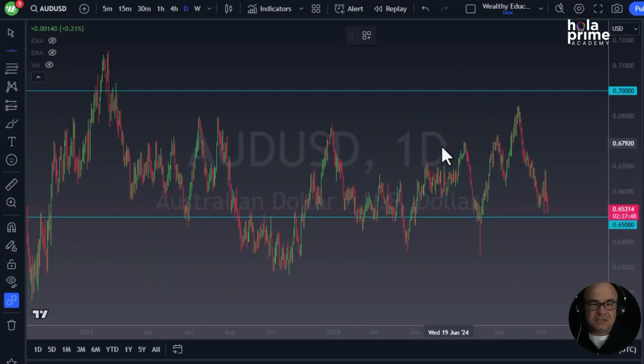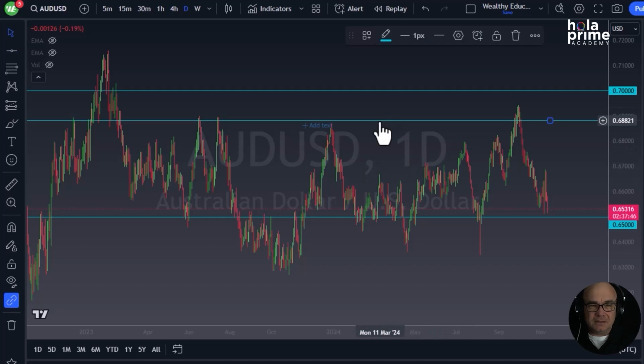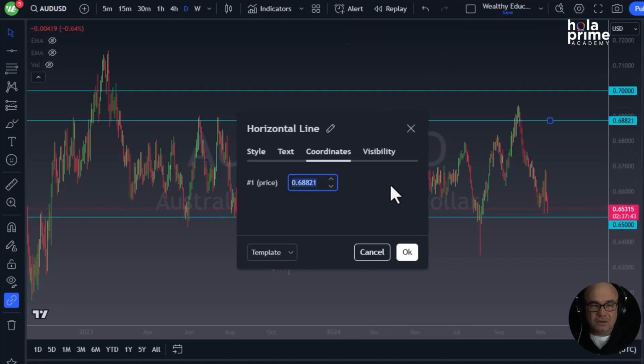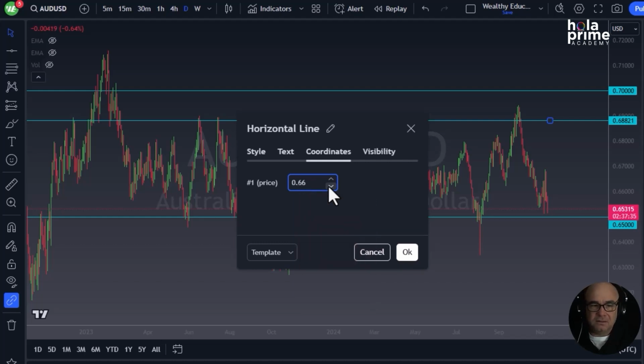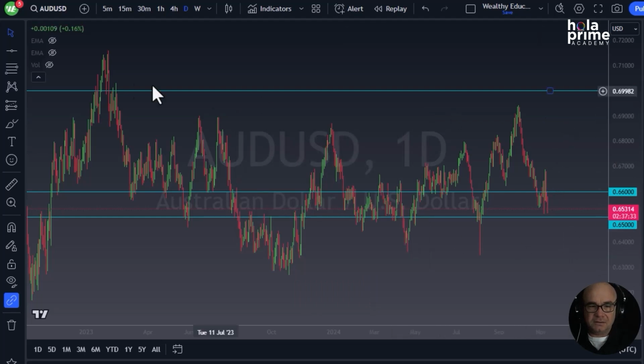But it's not just 500-point increments. You could also just start laying out round figures every 100 points. And you'll notice that the 0.66 level certainly seems to influence the market as well.